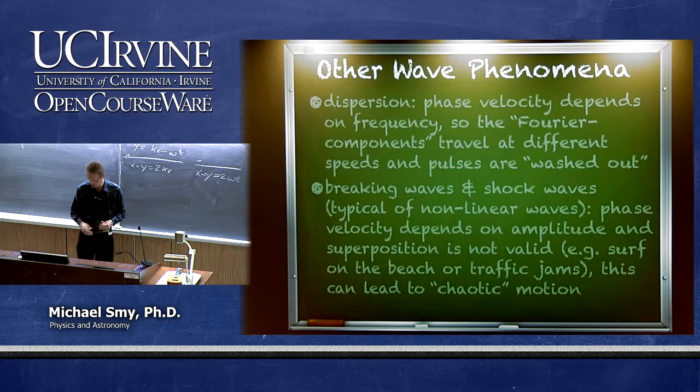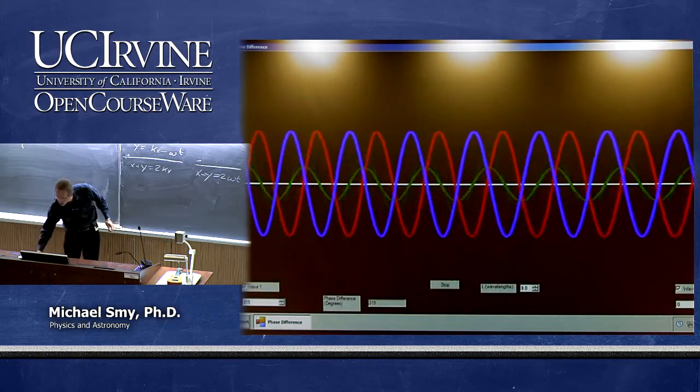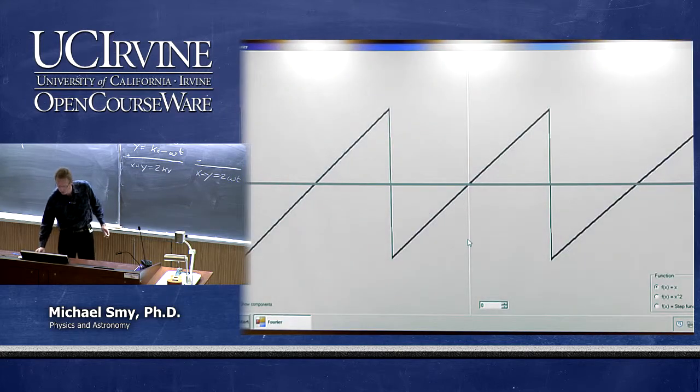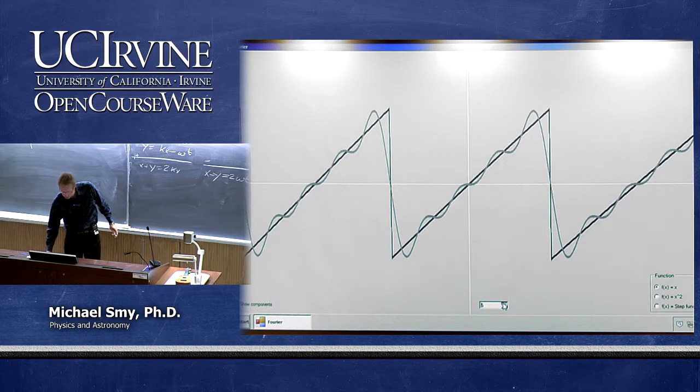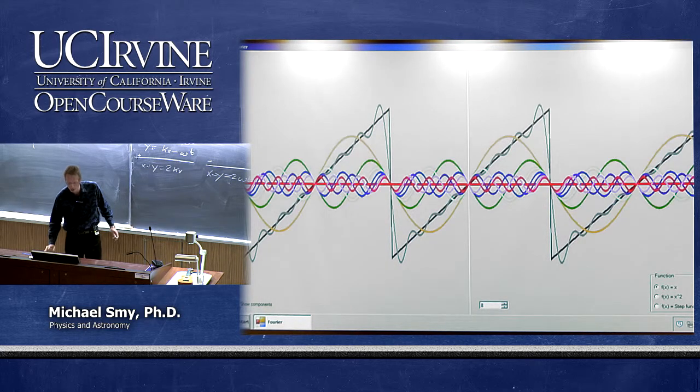And if you remember another demonstration program by Dave Casper, I showed last time, which showed that you can represent basically almost an arbitrary shape by building it up from sine waves with different frequencies, like this, for example, for the sawtooth.